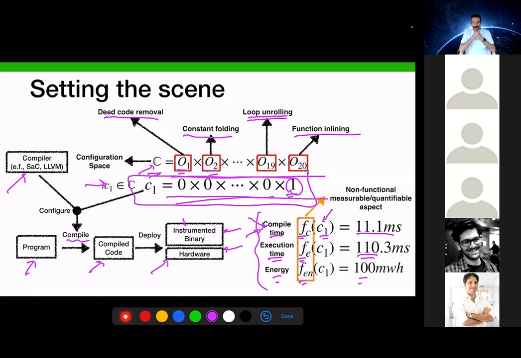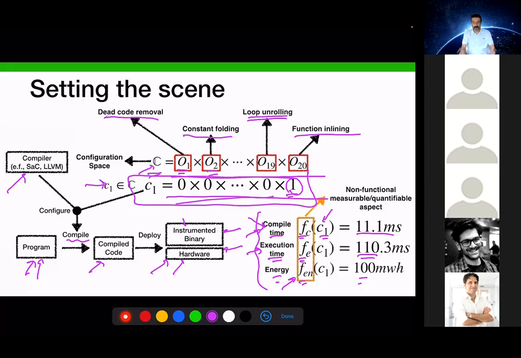The execution time may decrease if loop unrolling is a good optimization for this program, and the energy consumption may also change. We don't know; it depends on this kind of optimization and the interactions it has with this particular hardware.